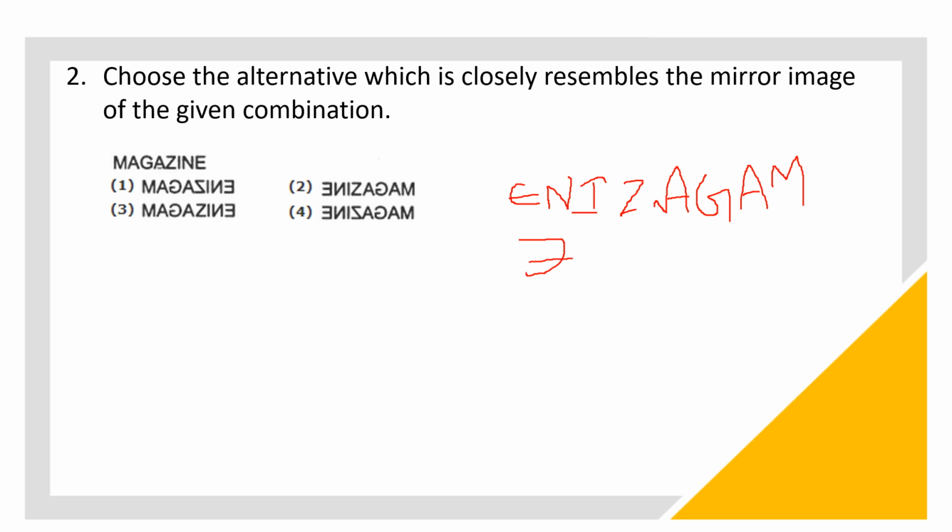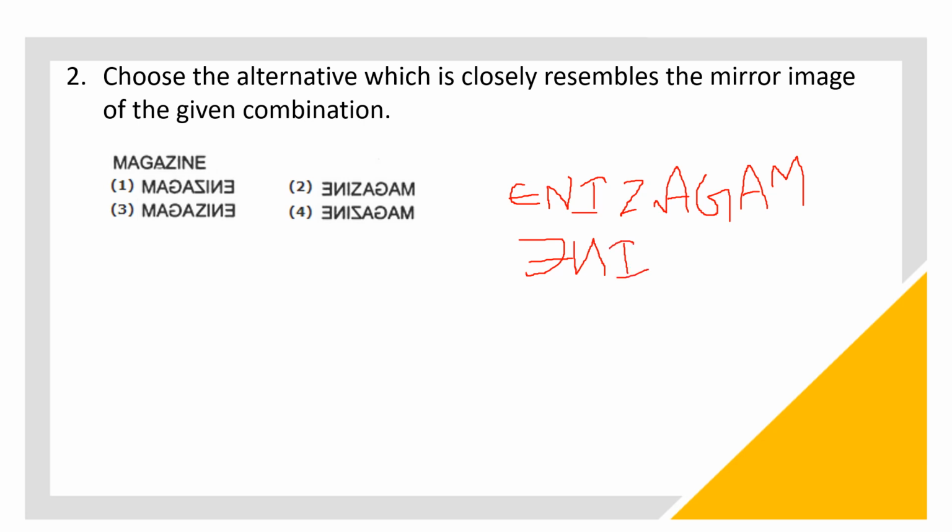E. For N, see the mirror image of N. The mirror image of I is identical.